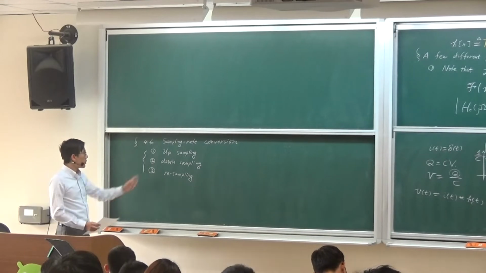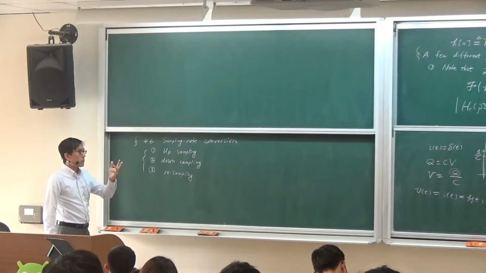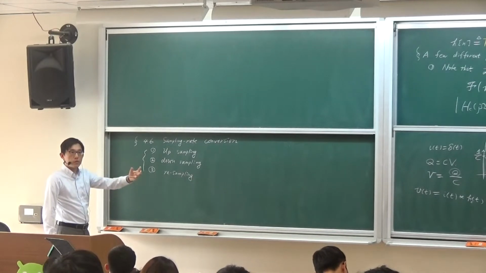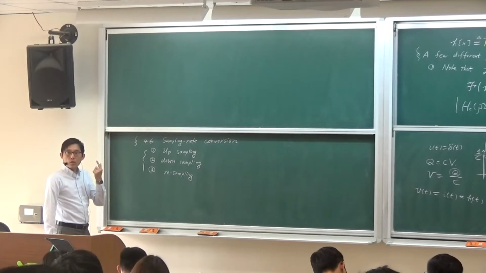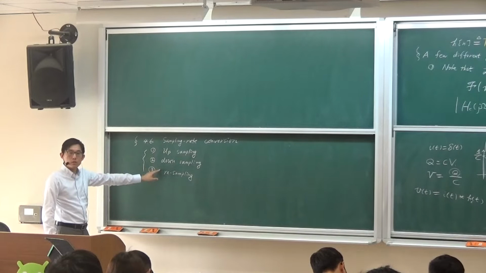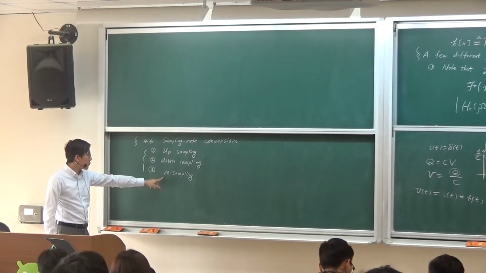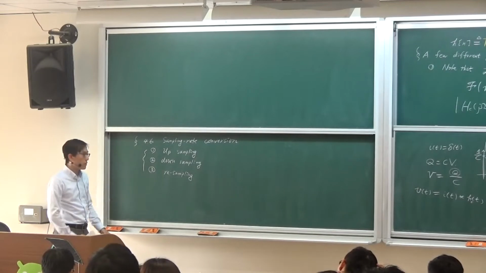So when we say upsampling and downsampling, that usually means the ratio of the sampling frequency before and after conversion is an integer. Up by an integer factor, down by an integer factor. That's called up and down sampling. But if we want to convert the sampling rate in any arbitrary ratio, then that's an issue of resampling.